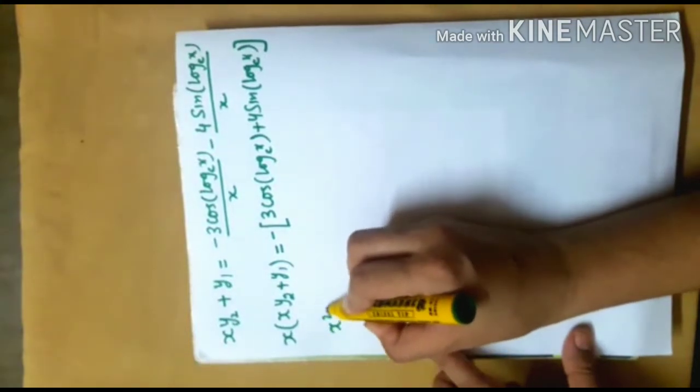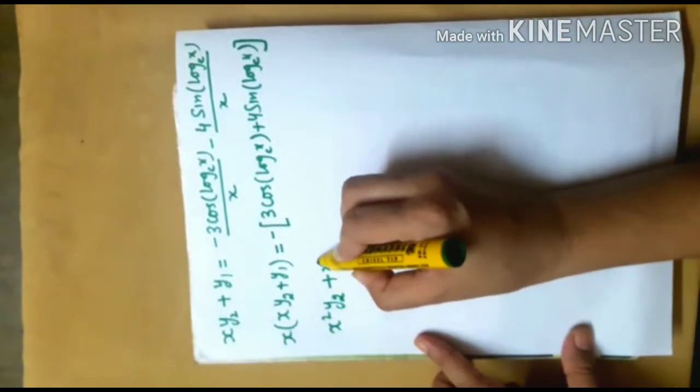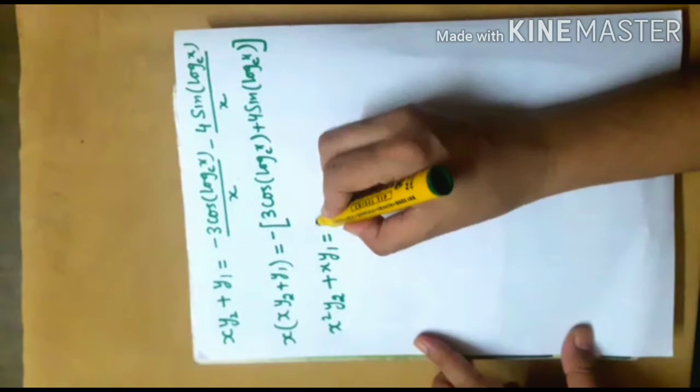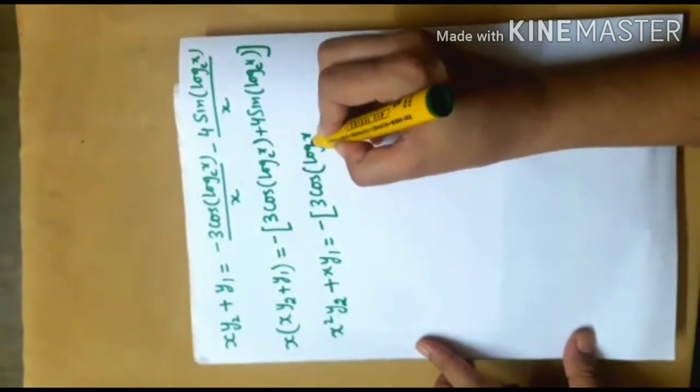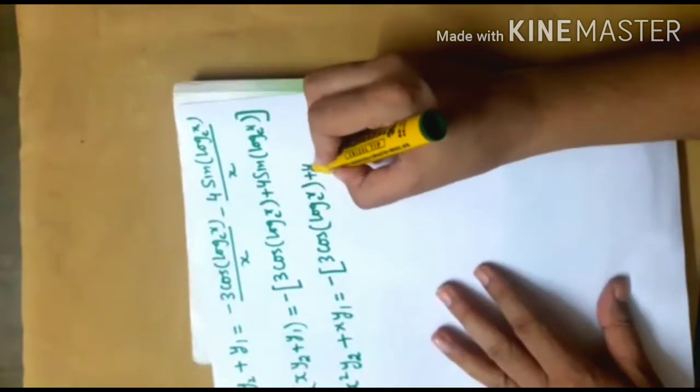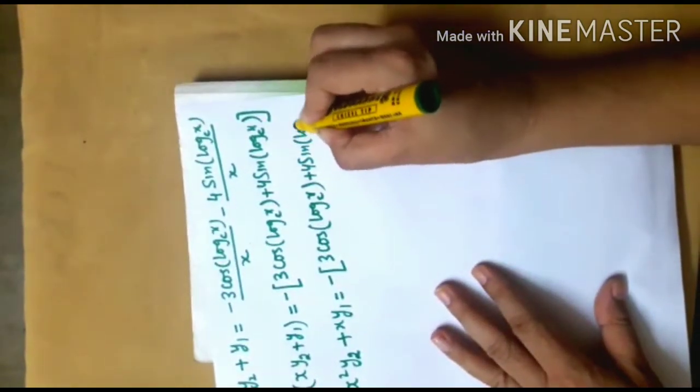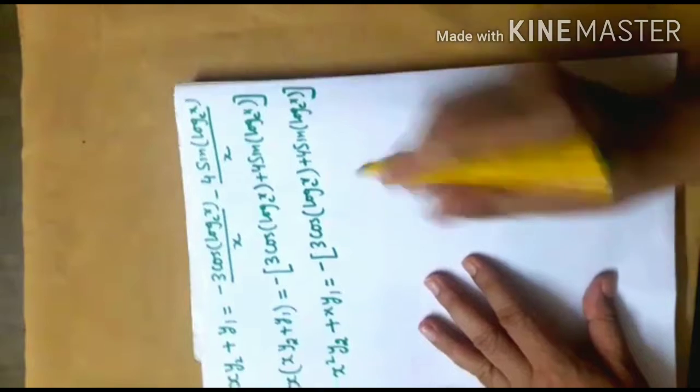So this will be x square y2 plus x y1 equals to this, plus 4 sine log x to the base e.